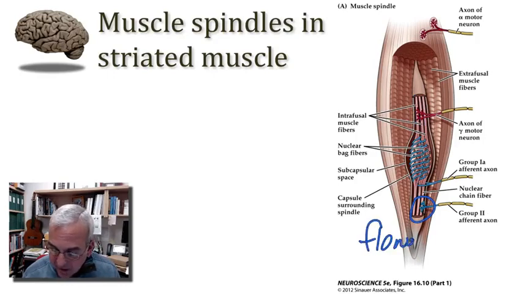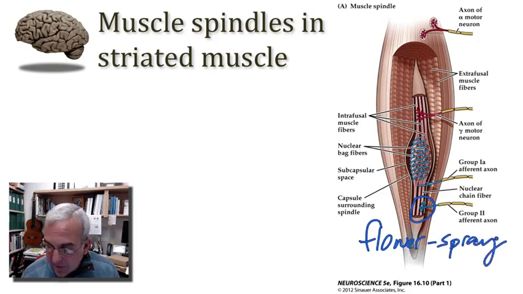And the flower spray ending is intended to imply to the microanatomist that the terminals look like petals of a flower that are blossoming on the contractile elements of these intrafusal muscle fibers.